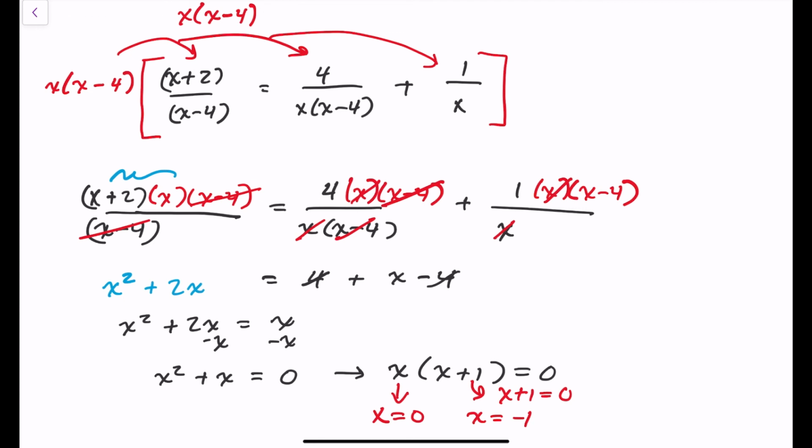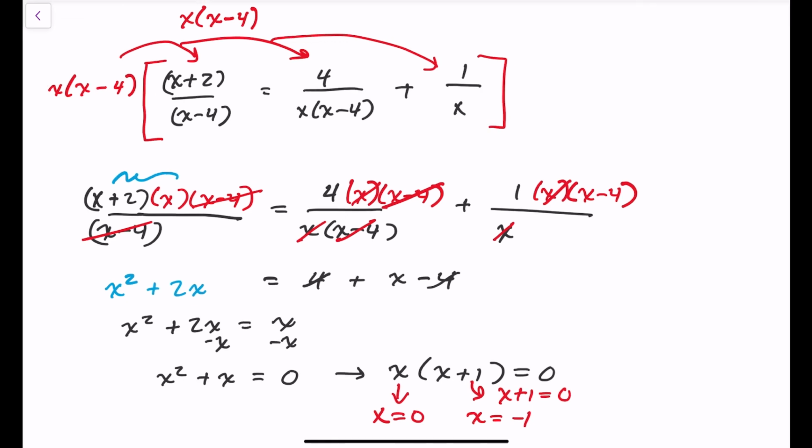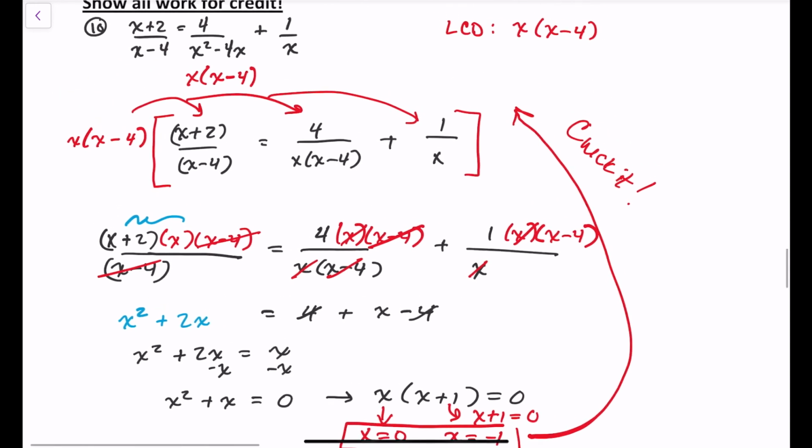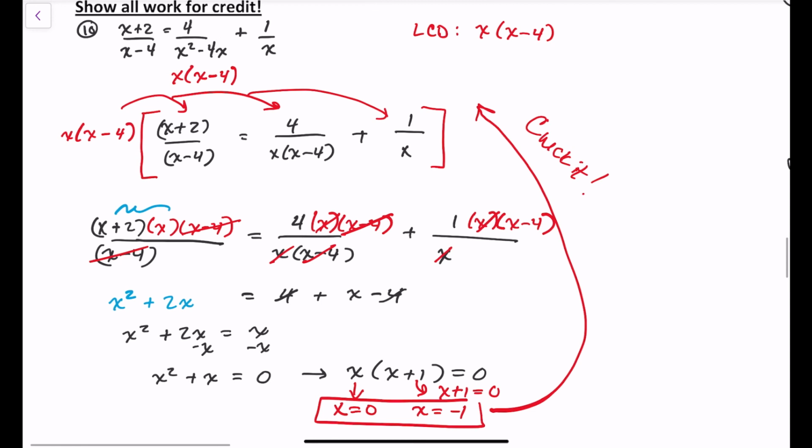And so let's check our extraneous solutions. What do you see? Did we have anything that was an excluded value that also is one of our answers? So let's check it. My excluded values are where I'm setting my denominator equal to 0.